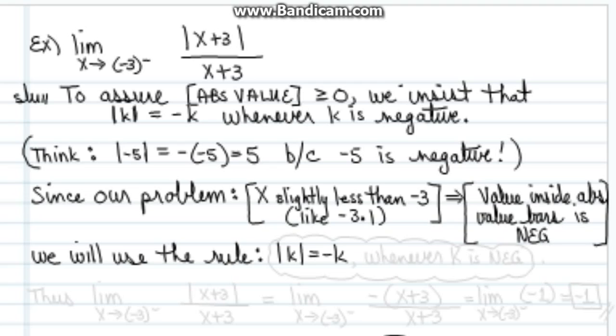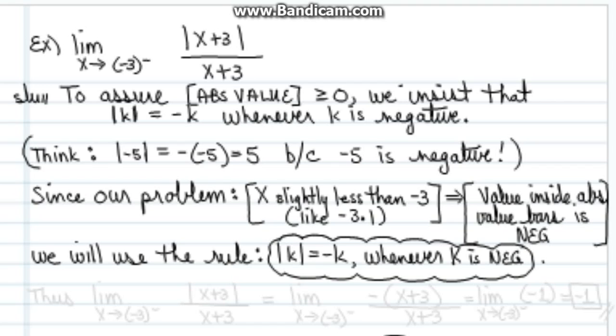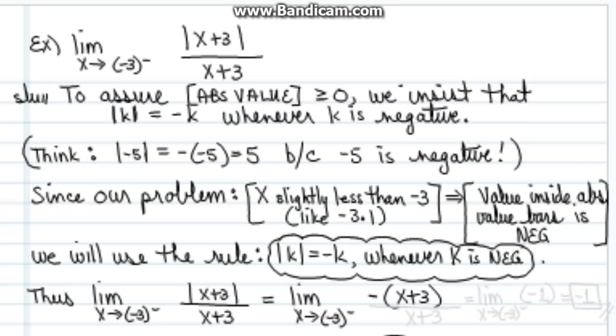Now, establishing that, we can go ahead and evaluate the limit of this function. The limit, as x approaches -3 from the negative side of the absolute value of x plus 3 over x plus 3 is equal to the limit as x approaches -3 from the negative side of, now dropping the absolute value bars because of our argument above, negative parenthesis x plus 3 over x plus 3, which simplifies to -1.